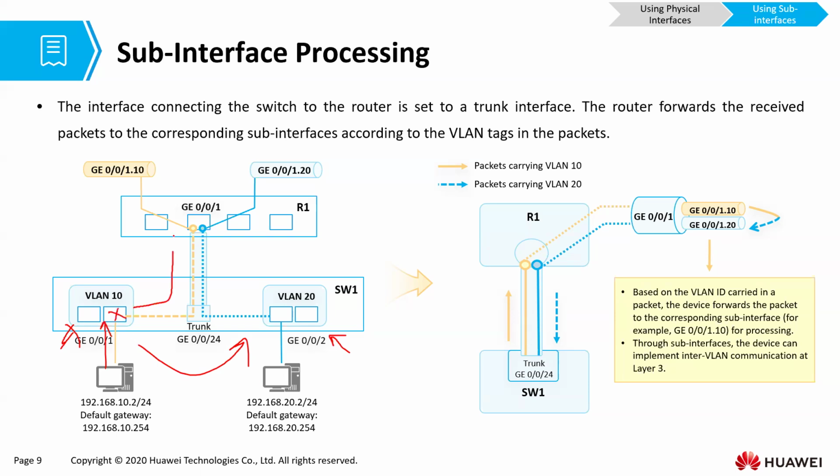VLAN 10 connects with its sub-interface. This sub-interface allows us to get access to the router. Then we can access the routing table, look up the destination in the VLAN 20 group, and the destination in VLAN 20 allows us to push to this interface. Once our traffic gets here, it can then be delivered. That's basically what inter-VLAN routing is.